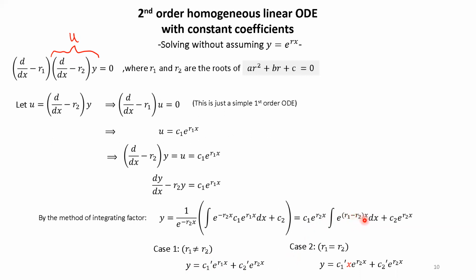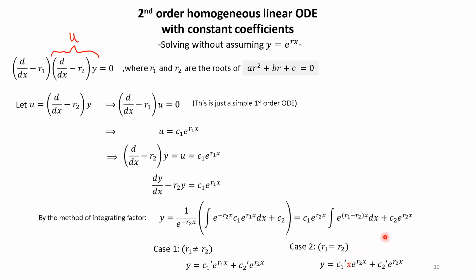In that case, integrating this is not an exponential function. Instead, it is the same as integrating a constant, and that gives you a factor of x. That's why you get an x factor here for the case of a repeated root. That's why the x comes up here.